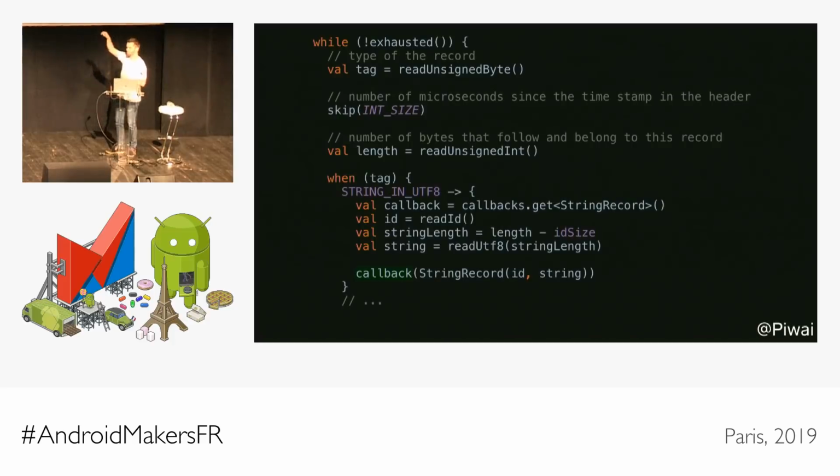We have a tag and the length of the content that follows. If it's a string, I know that I have to read an ID, which is either 4 bytes on 32-bit systems or 8 bytes on 64-bit. Then I need to read a string that is the remainder of that length. That's my string, and so I have a string and an ID.